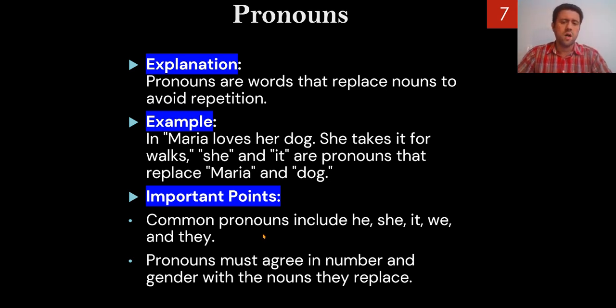Important points: common pronouns include he, she, it, we, and they. Pronouns must agree in number and gender with the nouns they replace. As an example, here Maria is female and singular, so we use she.